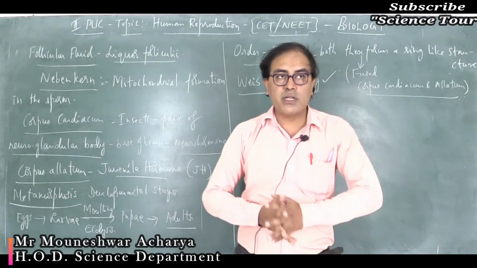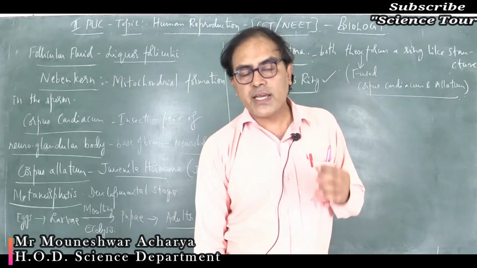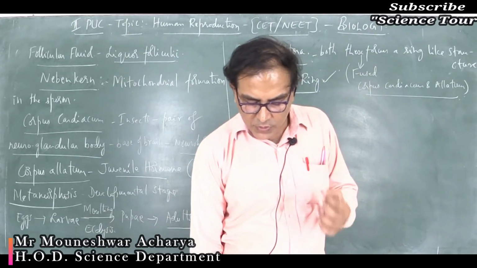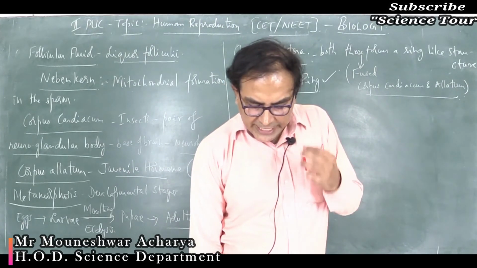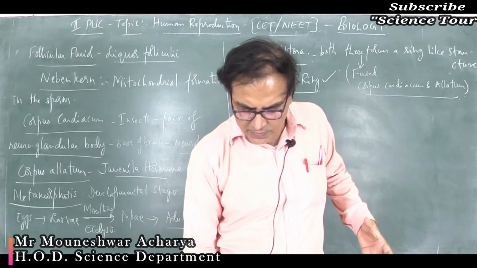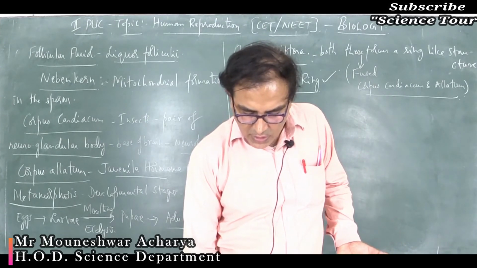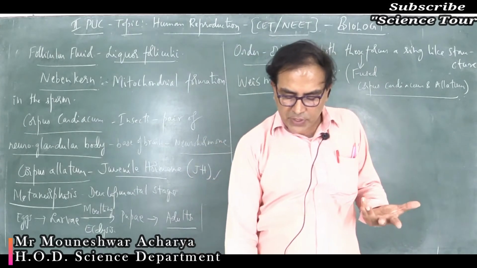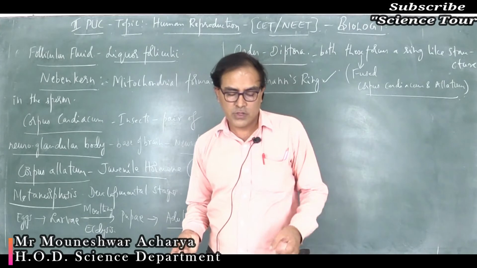Next we will move to question number 49. GnRH means gonadotrophic releasing hormone, a hypothalamic hormone produced by the hypothalamus region of the brain, needed in reproduction. It acts on what? 1. Anterior pituitary gland and stimulates the secretion of LH and oxytocin. 2.